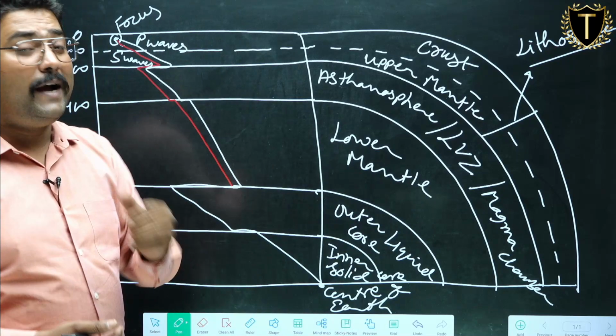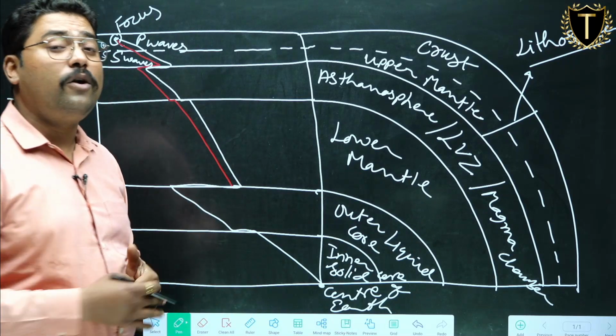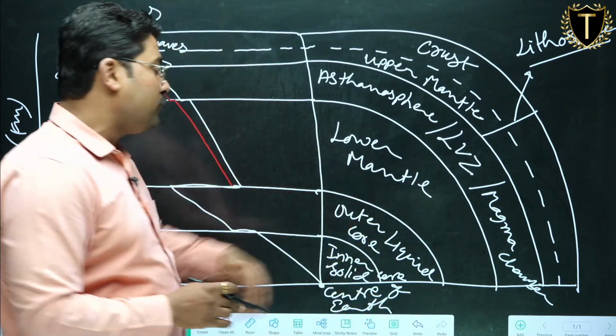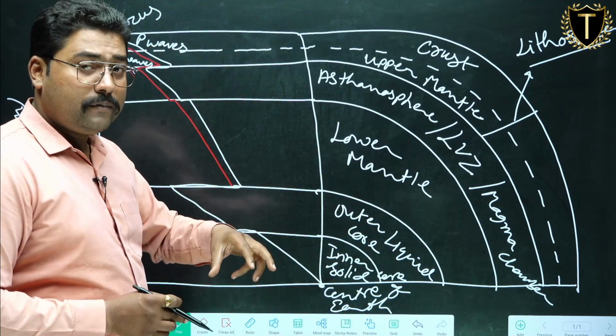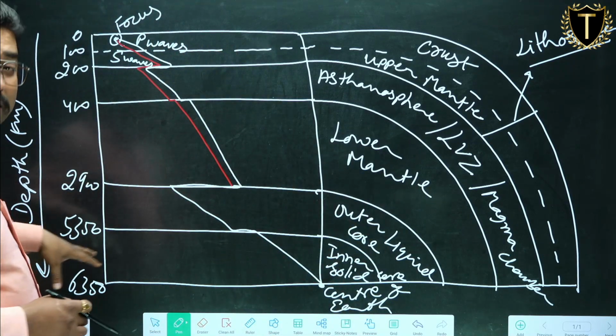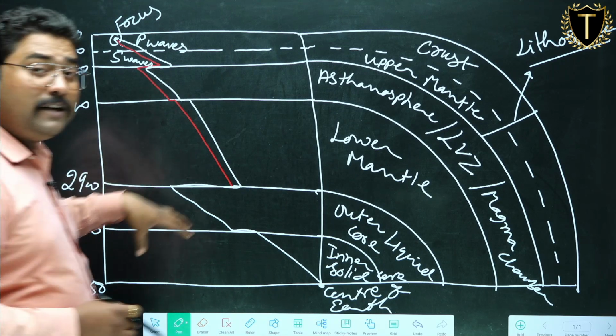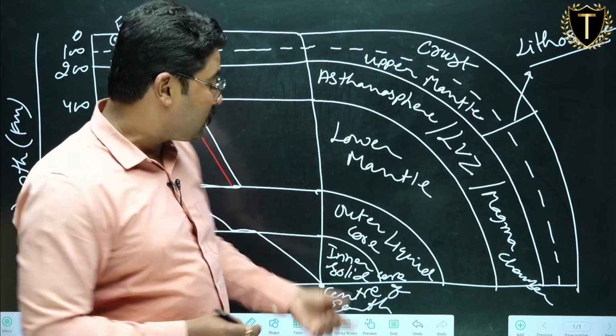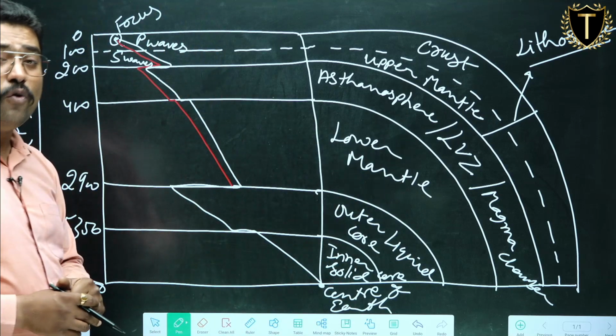Now the question comes, why? Because S waves are not able to pass through this medium. So this medium has been considered as outer liquid core, and after 5300 kilometer approximately, the speed suddenly increases, means the matter has become solid, which has been considered as inner solid core.